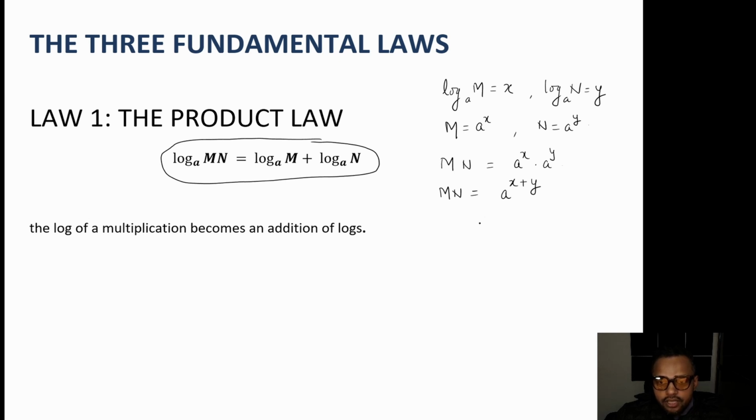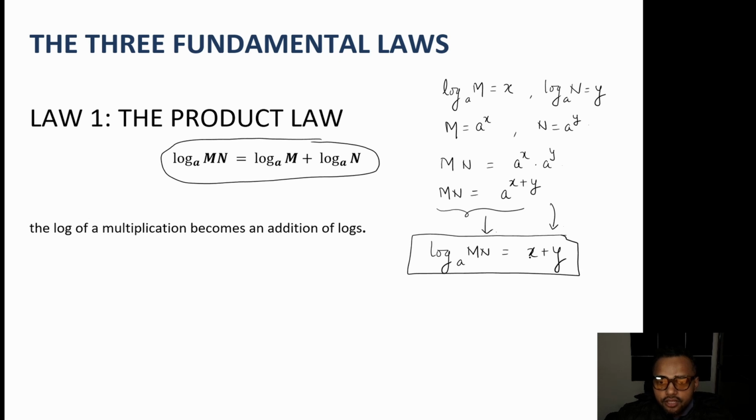So what we can write from here, in logarithmic format, is log base a of mn equals x plus y. With the help of the logarithmic expression, I have written this statement, student.